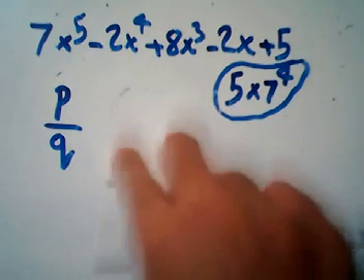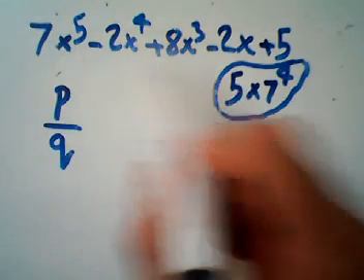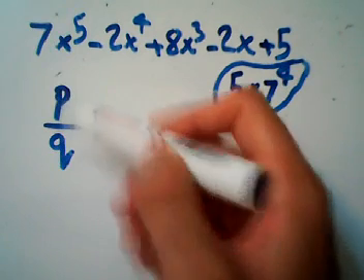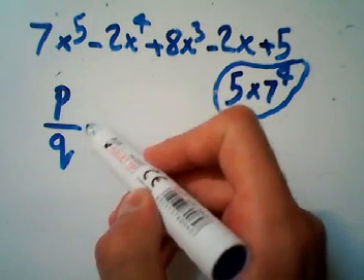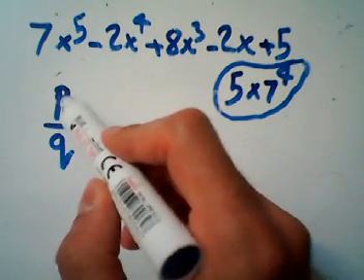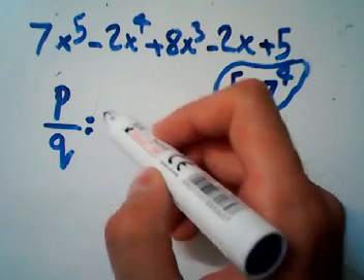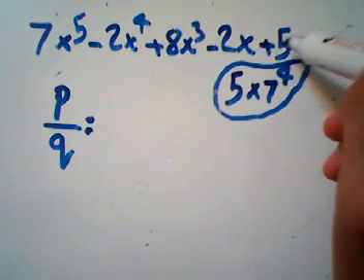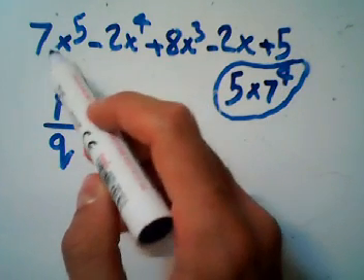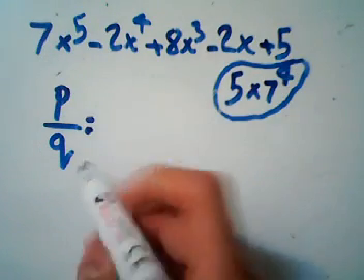The theorem says that the possible rational roots of such a polynomial, which is like this, for that we have the numerator, or p, is a divisor of the constant number 5 here, and the denominator is a divisor of the coefficient of the term with the biggest degree, here 7.